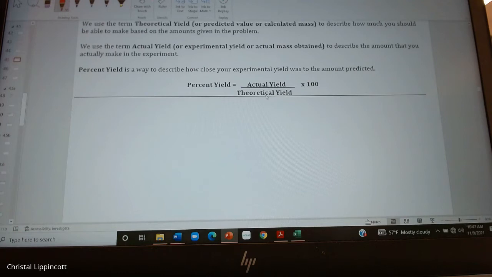And then I don't end up with 64 cookies. I end up with less. So my actual is less than my theoretical. So I talk about your theoretical kind of being your recipe card, what your recipe card says you should have. And then the actual is how many you actually end up with. And you can think of your BCA table as kind of your recipe card. All right.